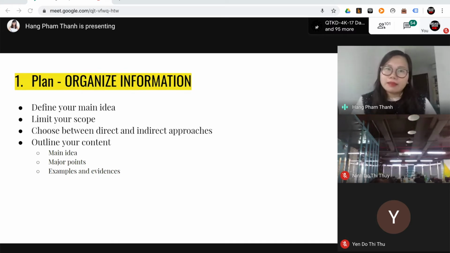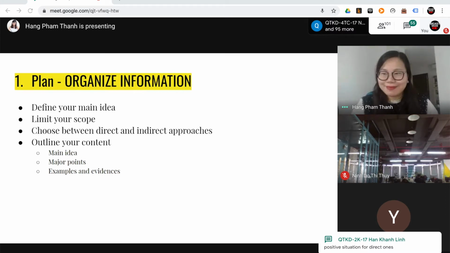Okay. And when should we use the direct approach and when should we use the indirect approach? In what situation is the direct approach more appropriate than indirect? And in which situation is the indirect approach more appropriate than the direct one? So let's say, for example, you work in the human resource department of a company, and you are informing candidates about their interview results.